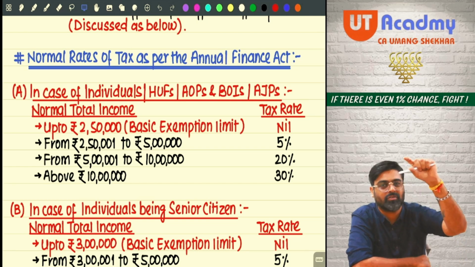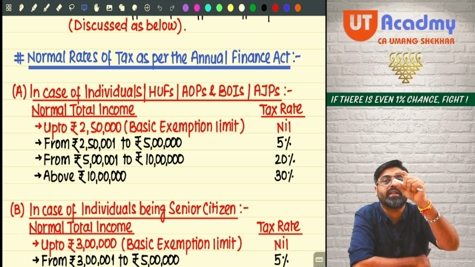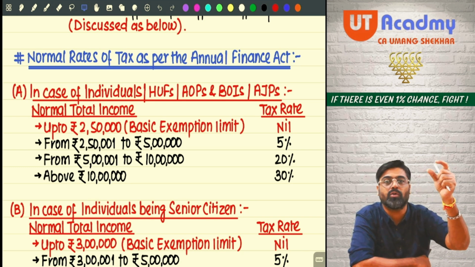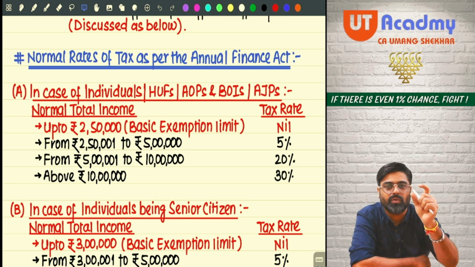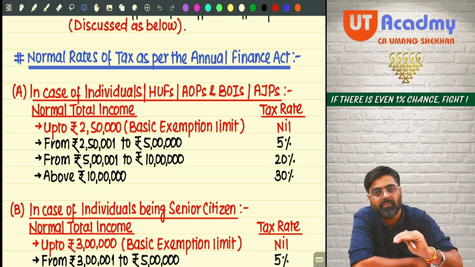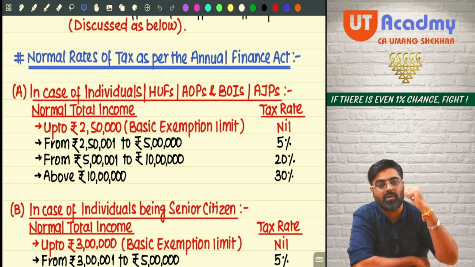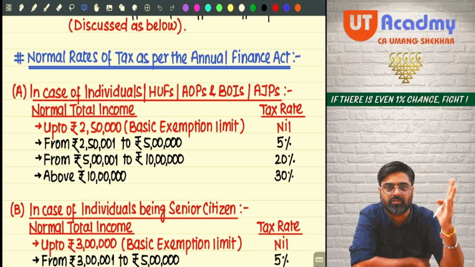So tell me, first slab nil. Second slab 2,50,000 into 5% will give you 12,500. Third slab 5 lakh to 10 lakh, that is this 5 lakhs, taxable at 20% will give you a tax of 1 lakh. And the last slab, any total income above 10 lakh, how much is that total income, friends? 2 lakhs. On that 30% is 60,000.